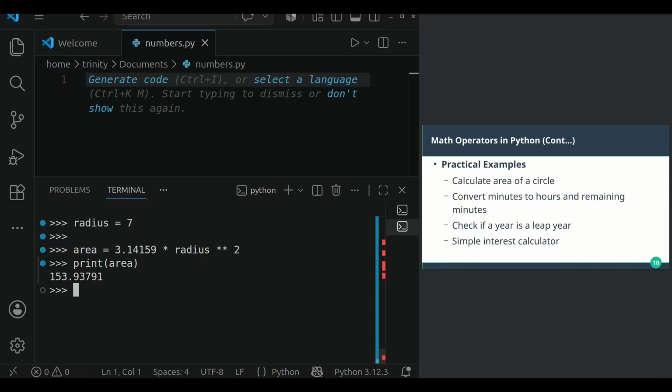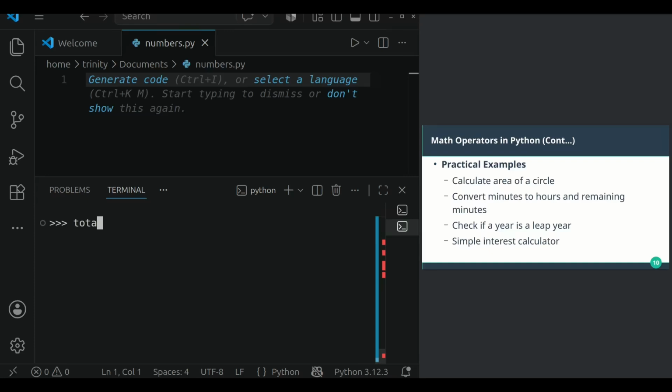Next, let's look at converting minutes to hours and seeing the remaining minutes. In this case, we want to convert minutes to hours and, if possible, the remaining minutes, that is, if there is any.